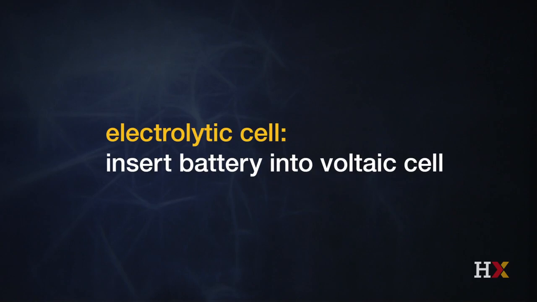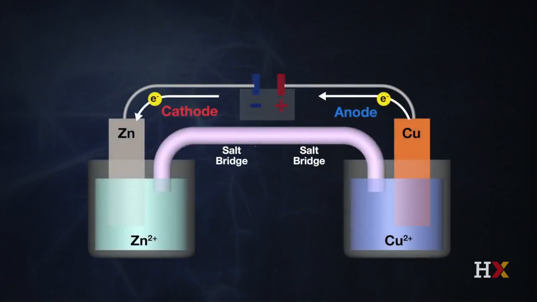We're going to take a battery and apply a voltage such that the positive pole of that battery is going to draw electrons out of, in this case, the copper solution, and it's going to drive electrons into the zinc solution. So this is the case where, while the copper 2+ cation is capable of stealing electrons from the zinc metal, we can apply a battery such that electrons flow in the opposite direction.